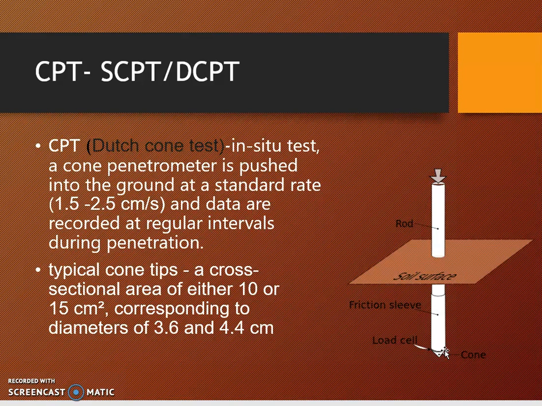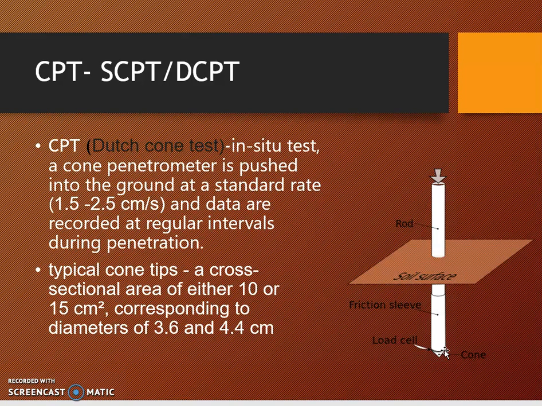Now, what type of soils is this test applicable for? This is applicable mostly for soft clays and silts. It's also applicable for fine to medium sand deposits. The cone will have around a 60-degree angle at the apex.